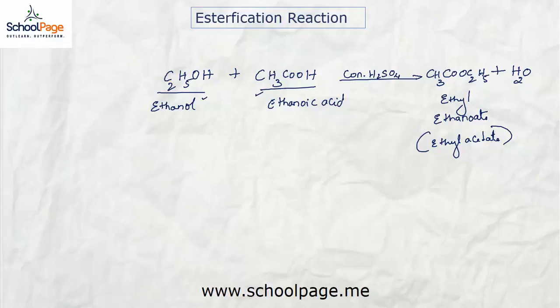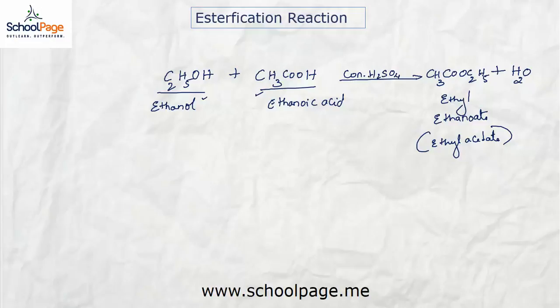So ethanol reacts with ethanoic acid on warming in the presence of a few drops of concentrated sulfuric acid, resulting in a sweet smelling ester called ethyl ethanoate. This reaction is called esterification reaction.